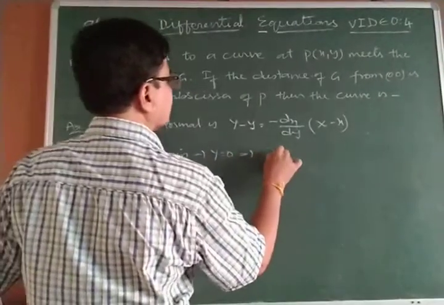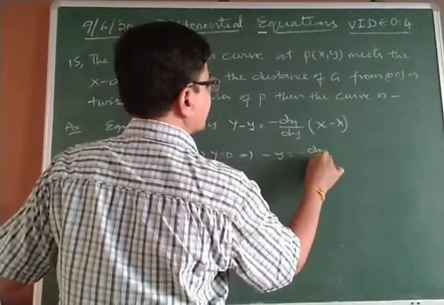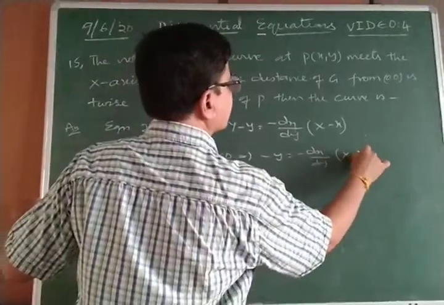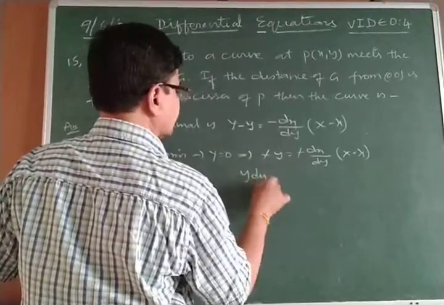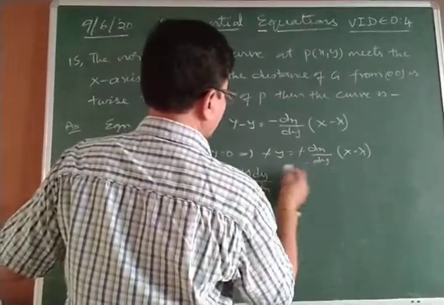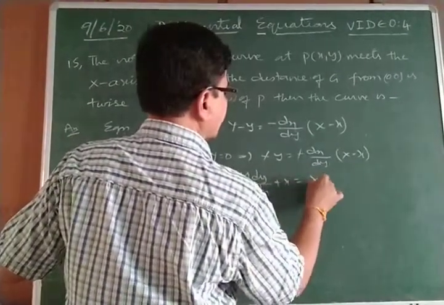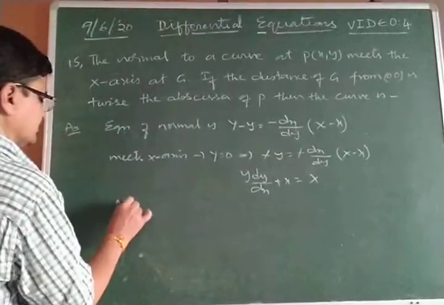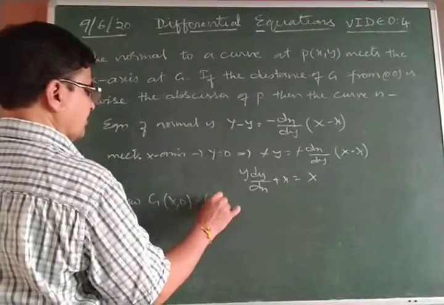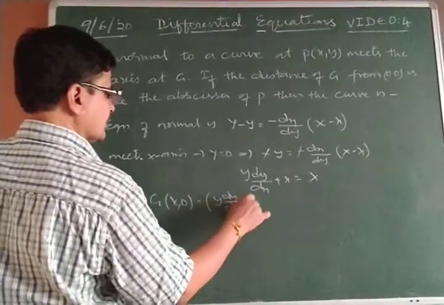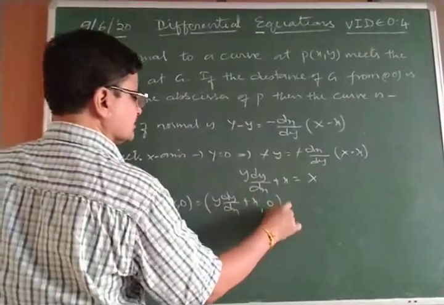That implies -y = -(dx/dy)(X - x), so that cancels, and y dy/dx + x = X. Now G is (X, 0) = (y dy/dx + x, 0).